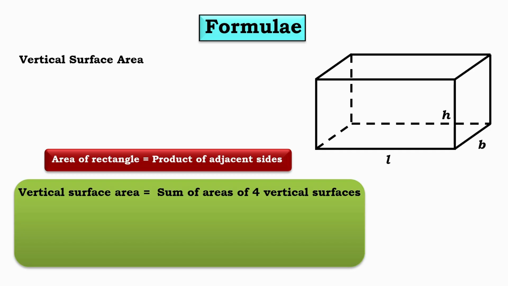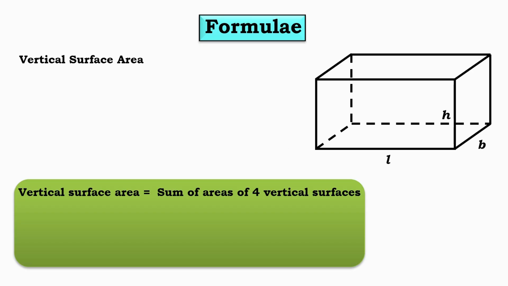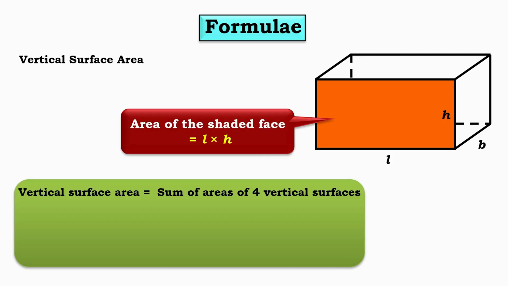The area of a rectangle is the product of the adjacent sides. Taking this vertical surface, the adjacent sides are L and H, so the area of the shaded face will be L into H.